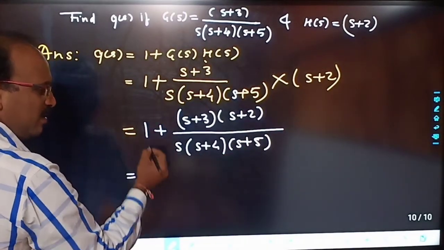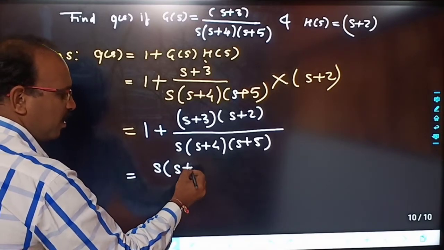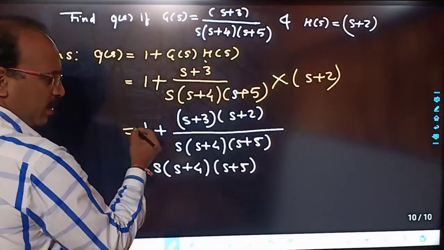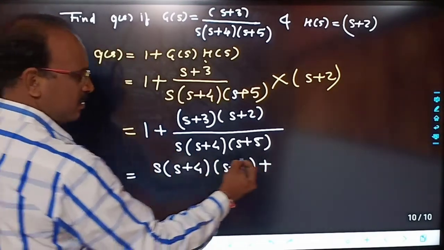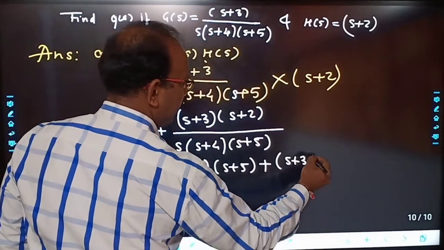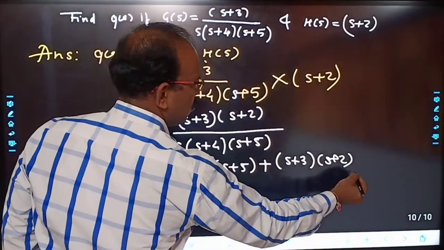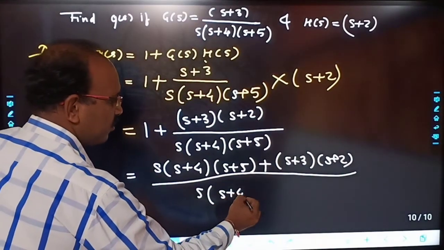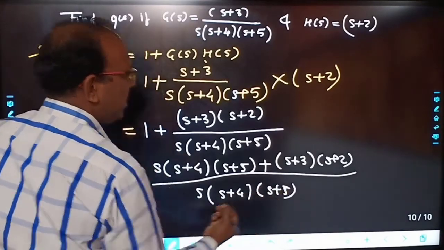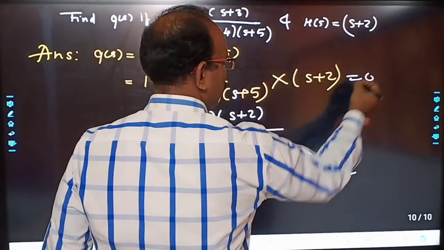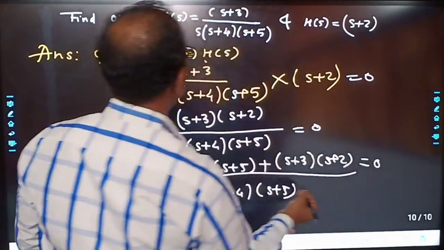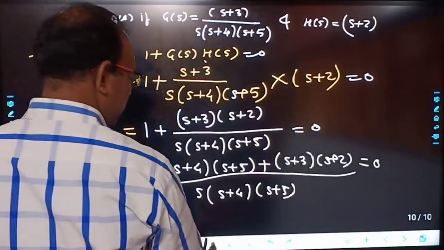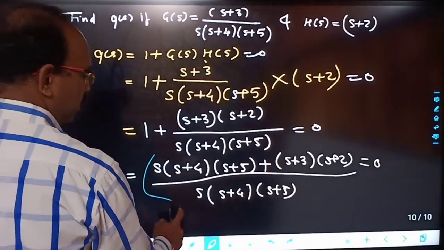So I can multiply this here: S into S plus 4, S plus 5, plus S plus 3, S plus 2 upon, we take the LCM, S into S plus 4, S plus 5, and you know the characteristic equation equals 0. 1 plus G of S H of S equals 0 always. Okay, so we will consider this for further.